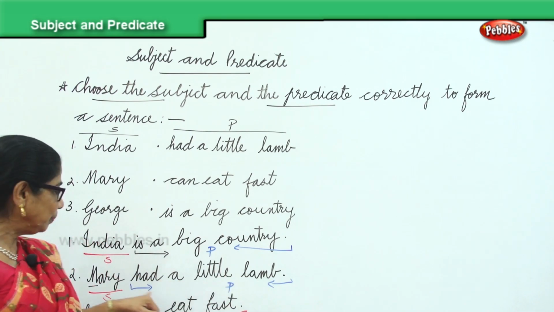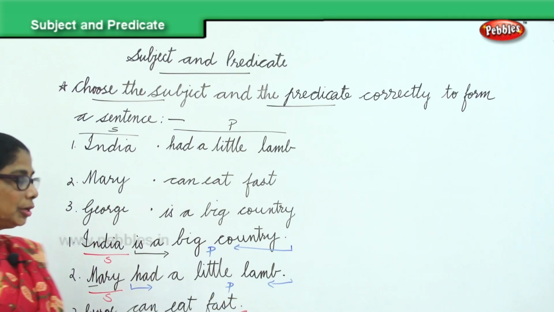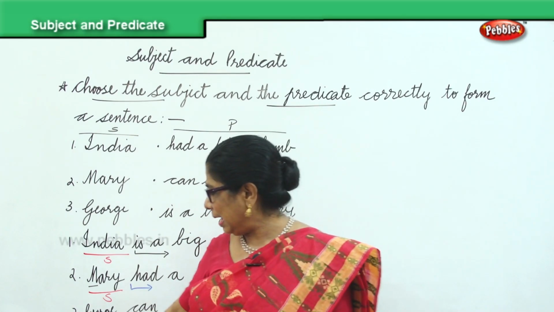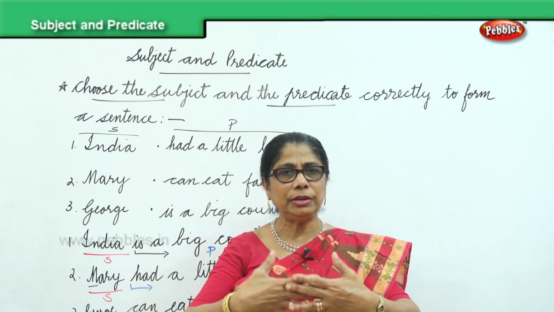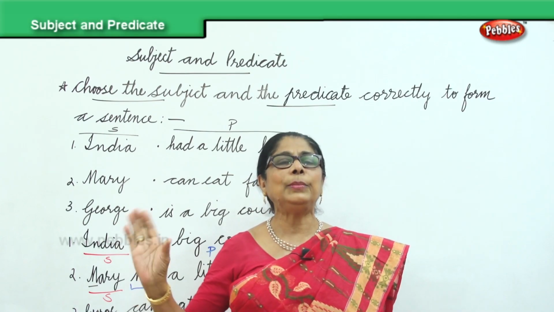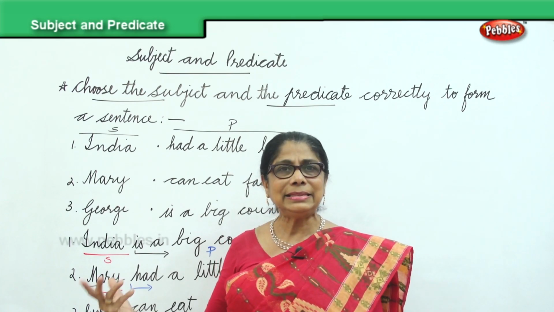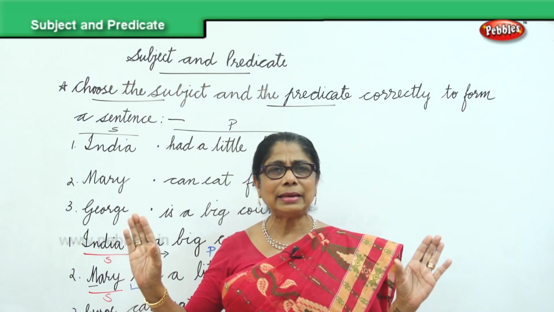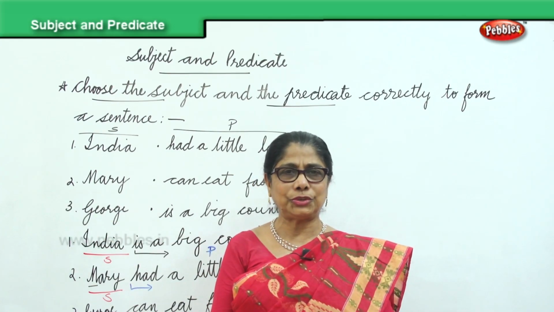Mary is the subject, had a little lamb, that is the predicate. George can eat fast. George is the subject, can eat fast is the predicate. So we learned to join two bits of sentences to make a complete sense, and we know which is the subject, which is the predicate. A sentence has two parts, a subject and a predicate. A sentence begins with the capital letter and ends with the full stop.